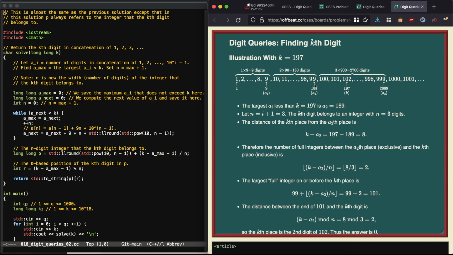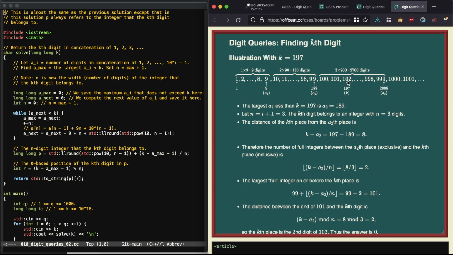We have found the end of one group, so from the first one of the new group we'll do the computation. Wherever we have k minus a max, I'm doing k minus a max minus 1 divided by n, because the distance will reduce by 1 as I've come a little bit closer to k.